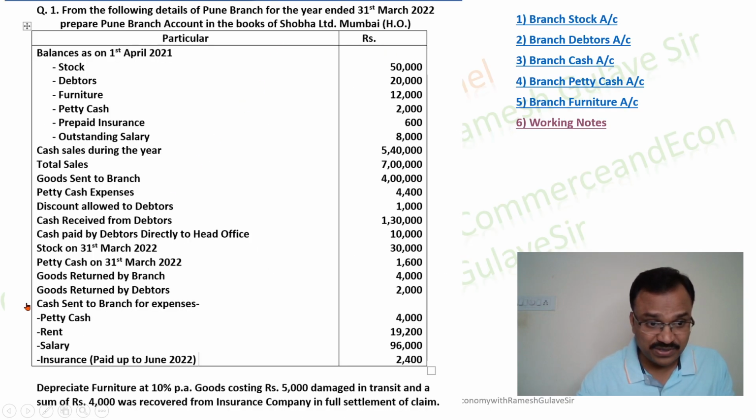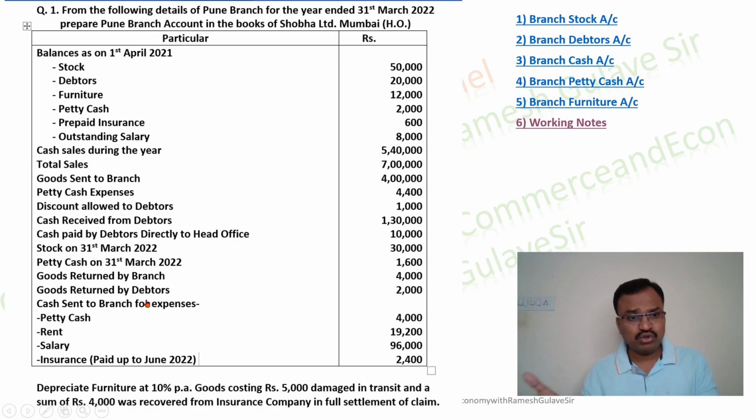See friends, there is a difference between these 2 points, right? Goods returned by branch means goods are returned by branch to head office. But goods returned by debtors means these goods are returned by customer of branch to branch. Okay. So here goods returned by debtors are recorded in debtors account and branch stock, right?